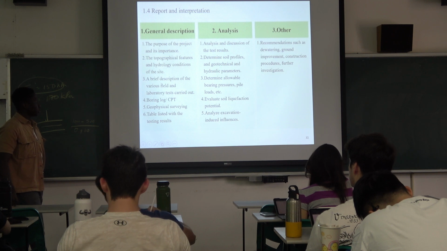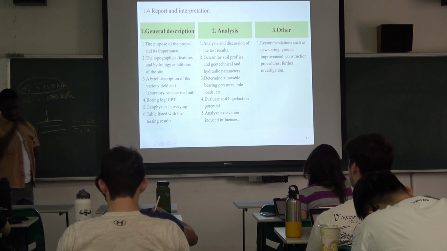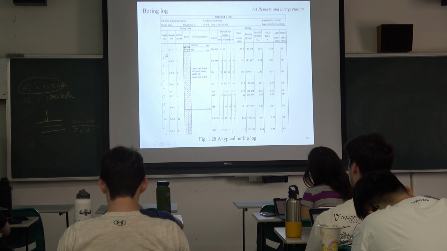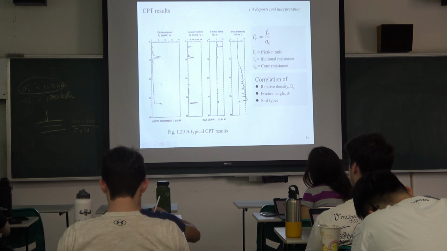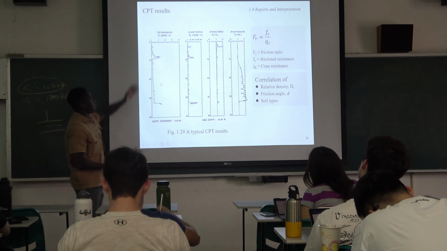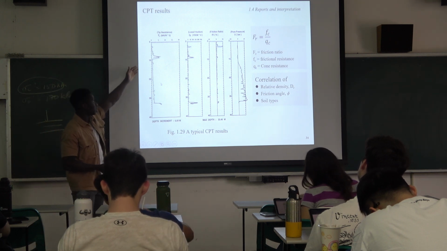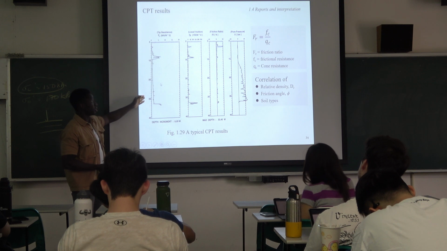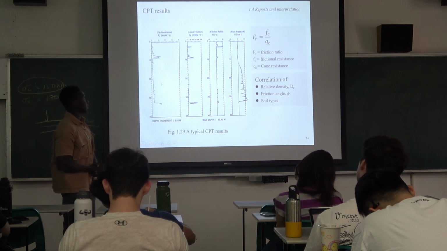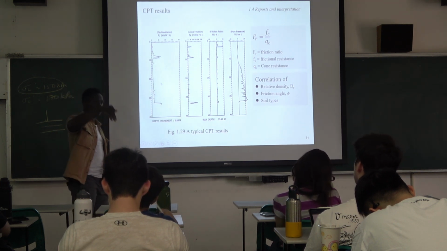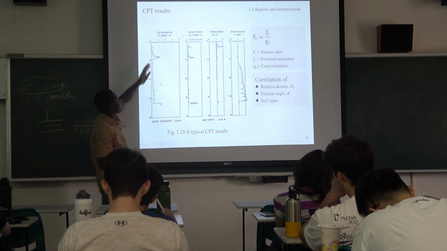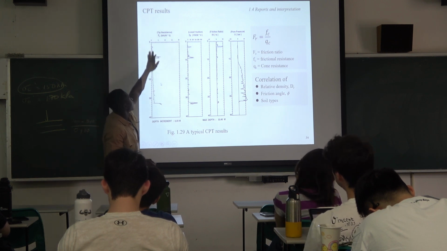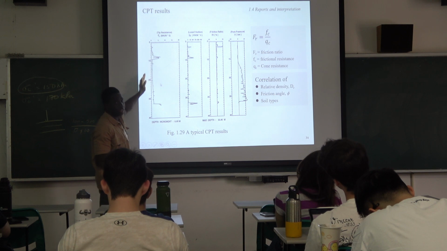Okay, so you will also see the boring log or the CPT. I'm not sure if you have an example for this. Oh yeah. So this is more like, you also have to include something like this in the report. For example, in the cone penetration test, you are pushing the cone into the ground, and the qc, that is the resistance at this point, changes with depth.